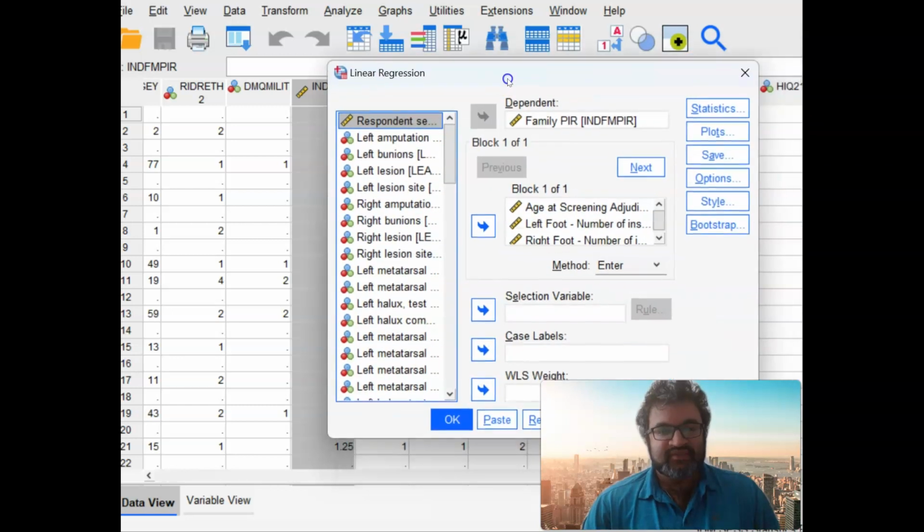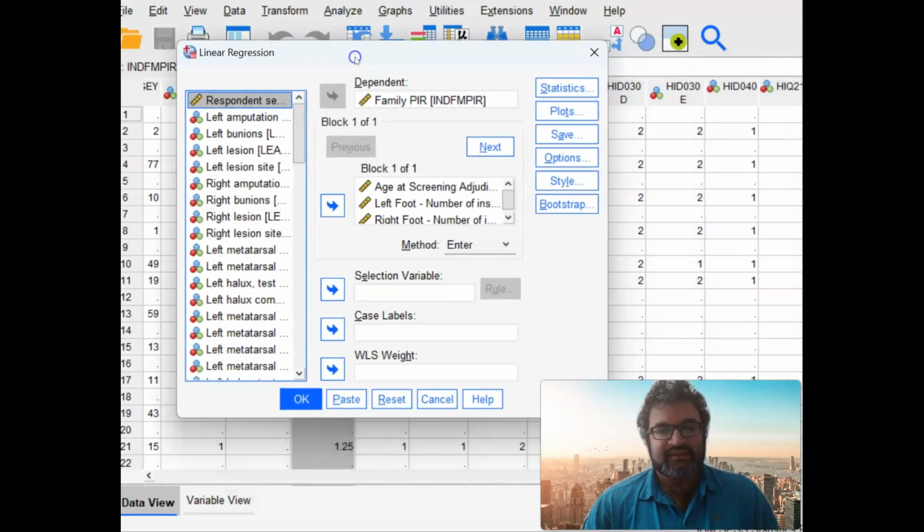And this is actually from an NHANES dataset, which one of my students used for their dissertation. So I wanted to create a regression model. This is a family poverty index ratio.